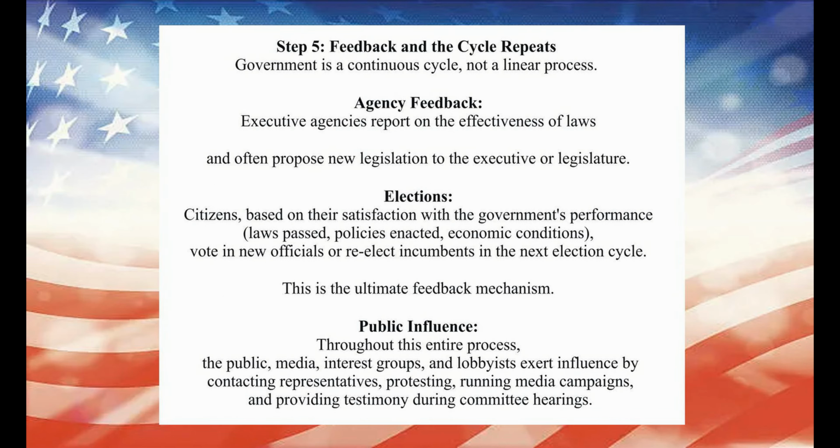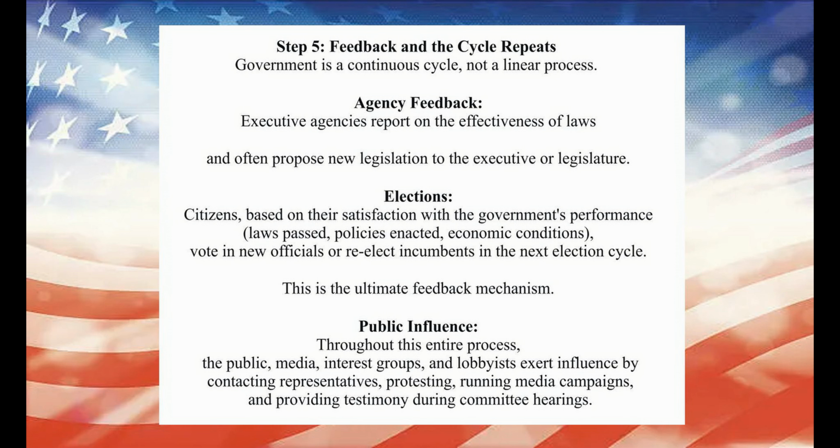Step 5. Feedback and the cycle repeats. Government is a continuous cycle, not a linear process. Agency feedback: executive agencies report on the effectiveness of laws and often propose new legislation to the executive or legislature. Elections: citizens, based on their satisfaction with the government's performance, laws passed, policies enacted, economic conditions, vote in new officials or re-elect incumbents in the next election cycle.